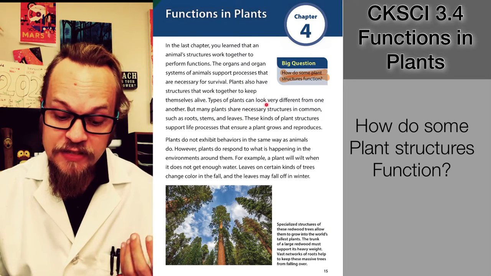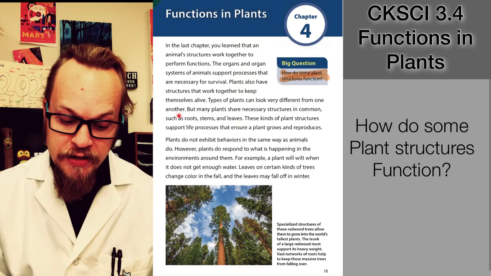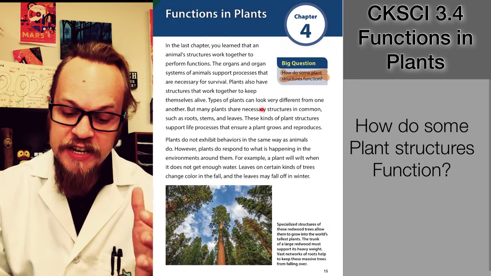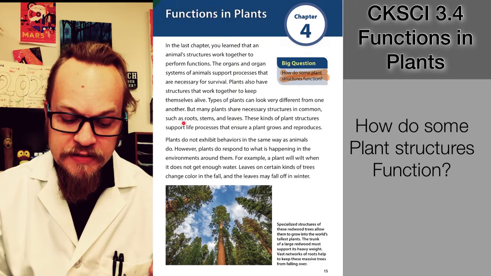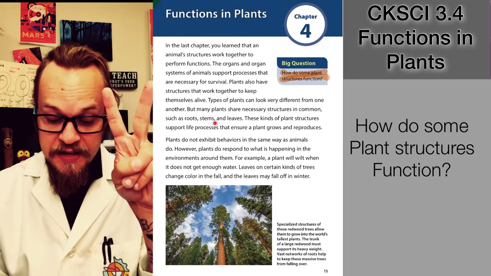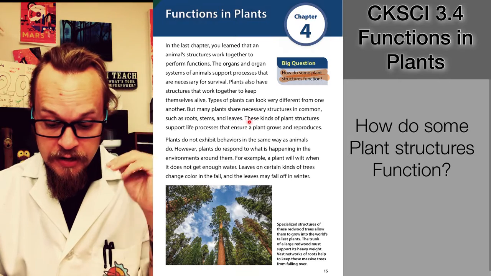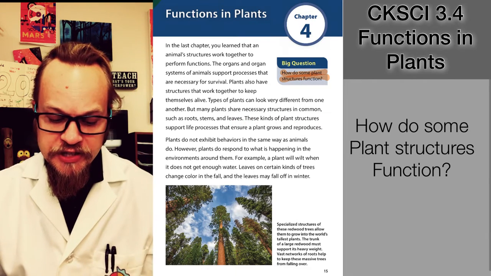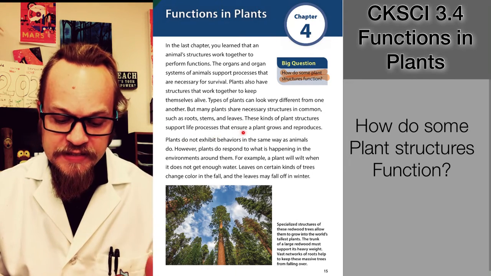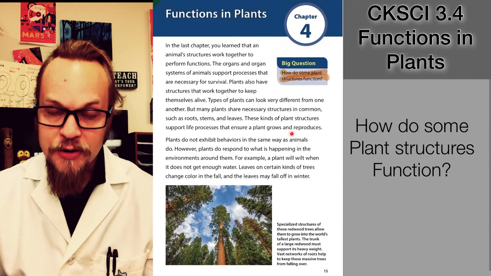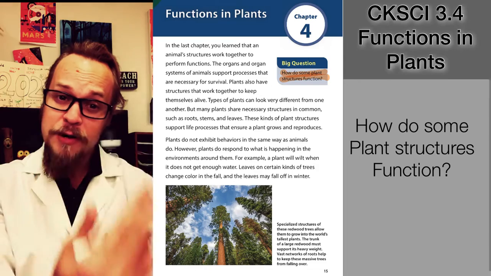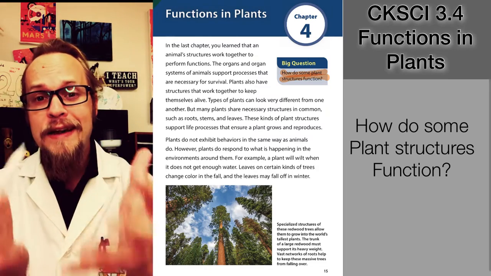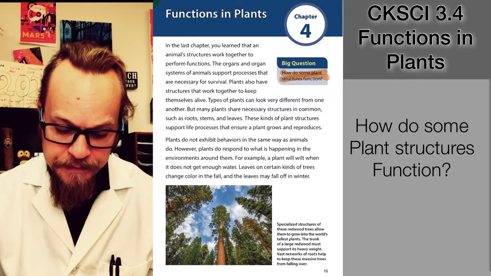Types of plants can look very different from one another, but many plants share necessary structures in common, such as roots, stems, and leaves. These kinds of plant structures support life processes that ensure a plant grows and reproduces. Much like we want animals to grow and reproduce, plants want to grow and reproduce as well.